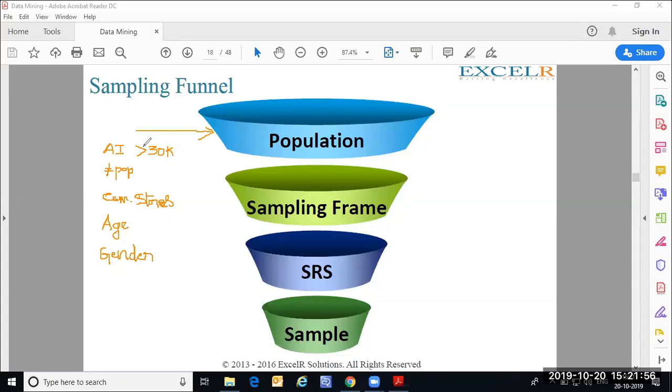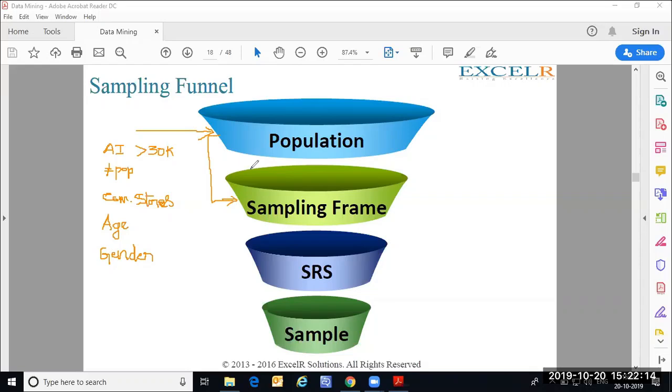So setting up a criteria at your parameter level is nothing but the sampling frame. Based on the criteria, I'm extracting the intended population for my analysis.